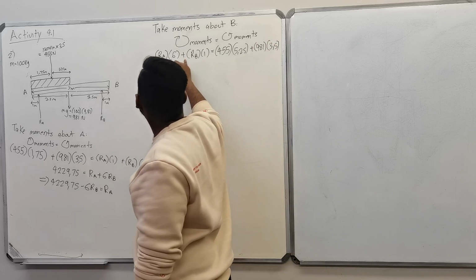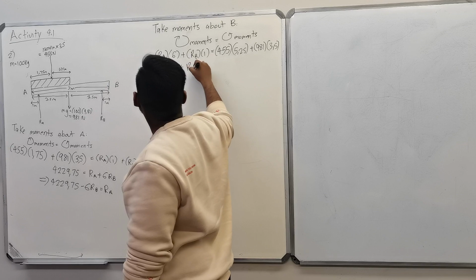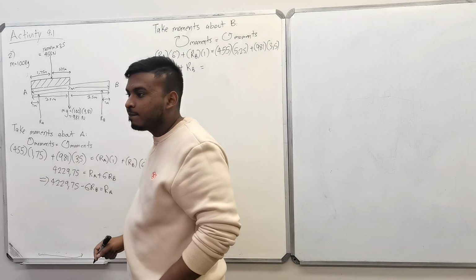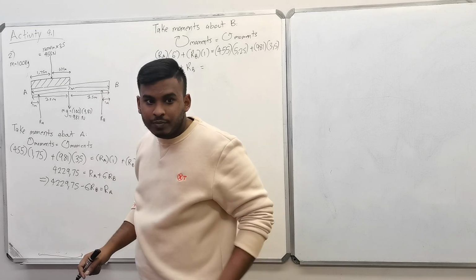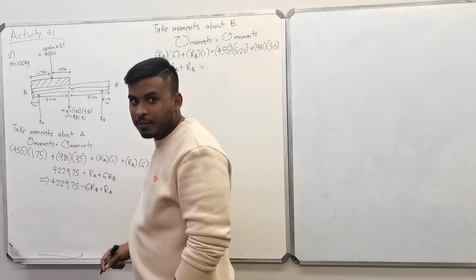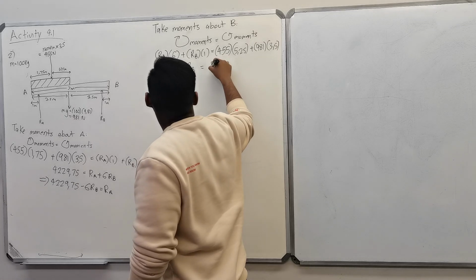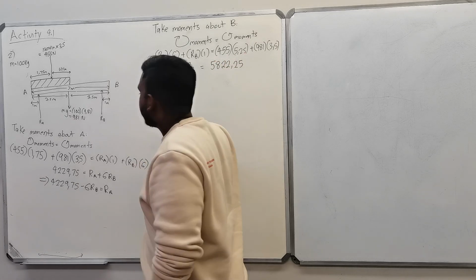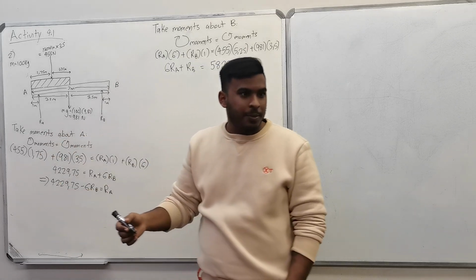So this becomes 6RA plus RB equal to, and what's that? 5822.25. Can we do anything further?